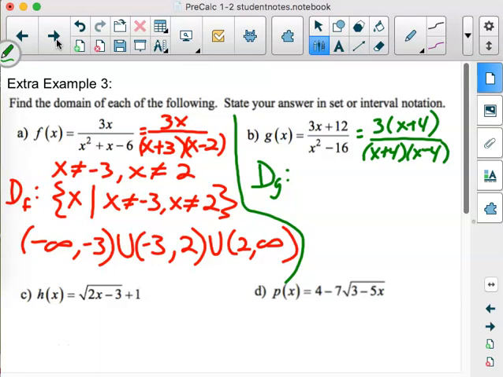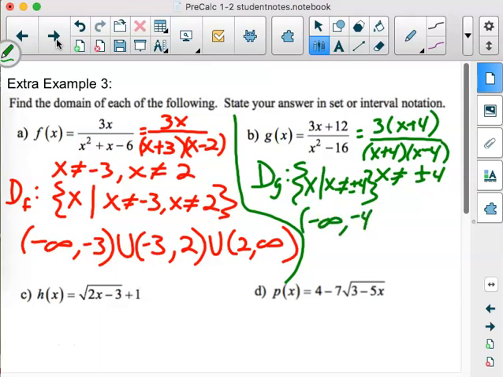I'm going to start by just writing over here X can't be plus and minus 4. So set builder, X is defined as, and again we could just say X can't be plus or minus 4 in set brackets. And yes, we can write it as plus and minus 4. Anybody that knows any math will be perfectly fine with that. So now, on the number line, we're at negative infinity.